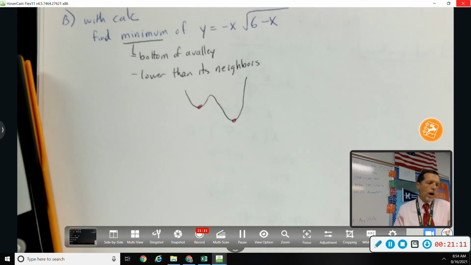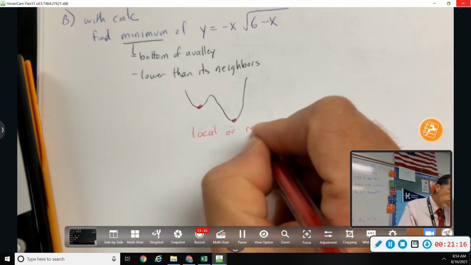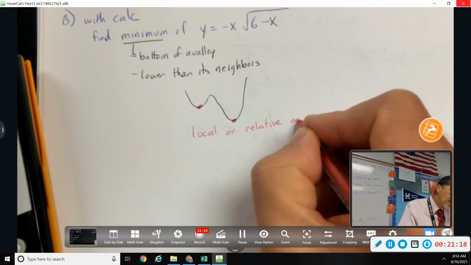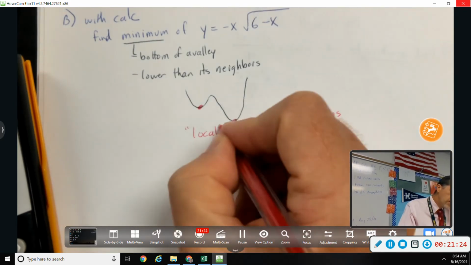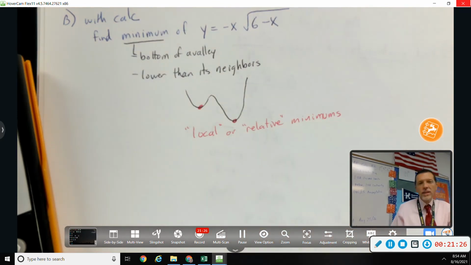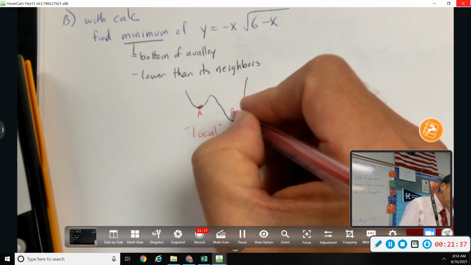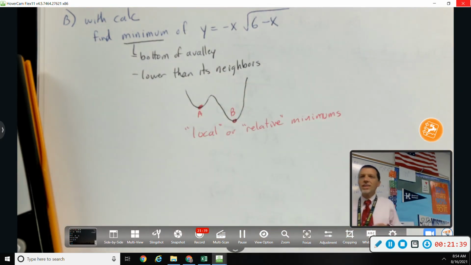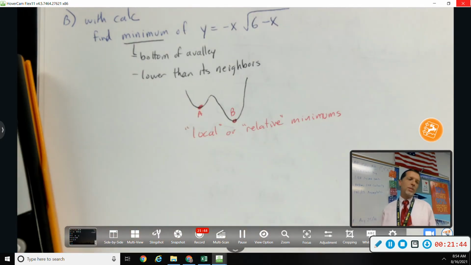Those are kind of calculus words. So locally, they are at the bottom. Relative to its neighbors, they're at the bottom. When we get to calculus, we'll talk about absolute mins and maxes. Which one of those do you think is the absolute minimum? B, because it's the absolute lowest.